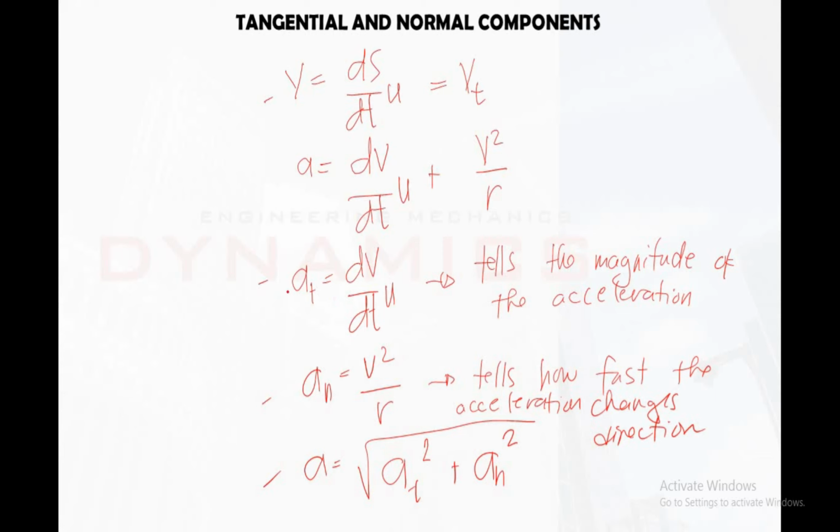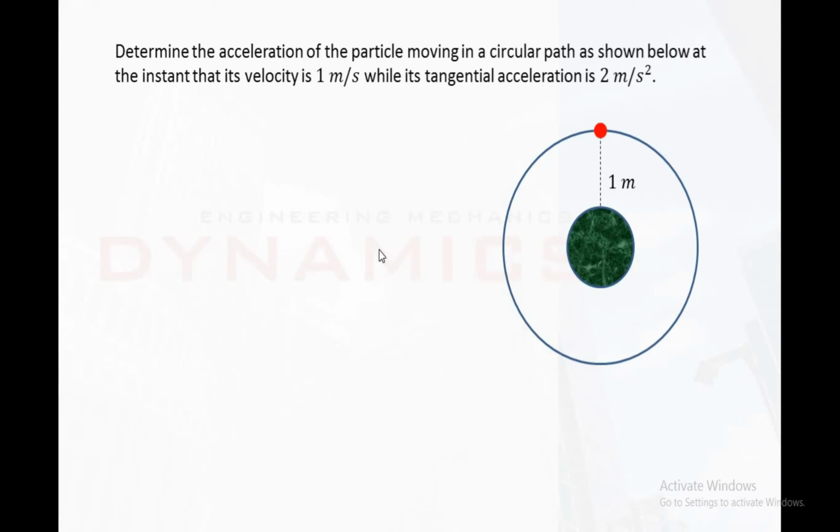So, yung ating tangential acceleration, that is the magnitude of your acceleration, yun namang normal acceleration, it tells us kung ano yung direction ng ating acceleration. Okay, so we kindly take note of the definitions of our tangential acceleration and normal acceleration.